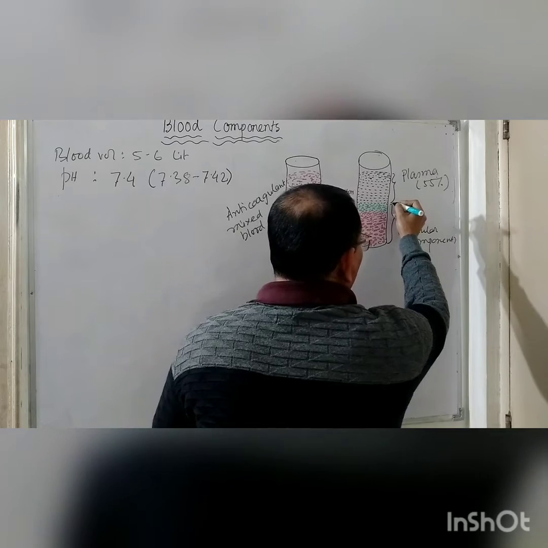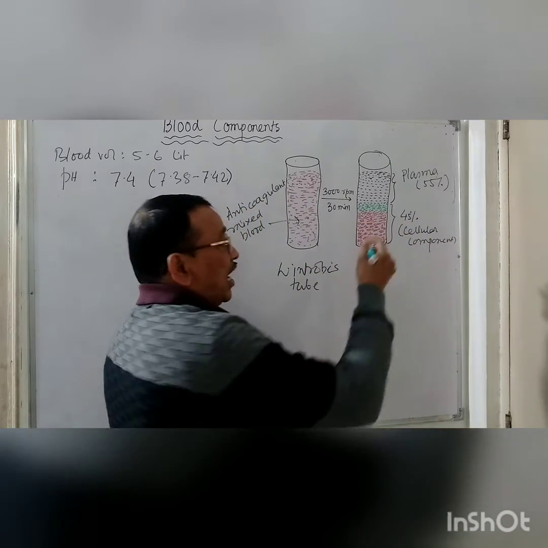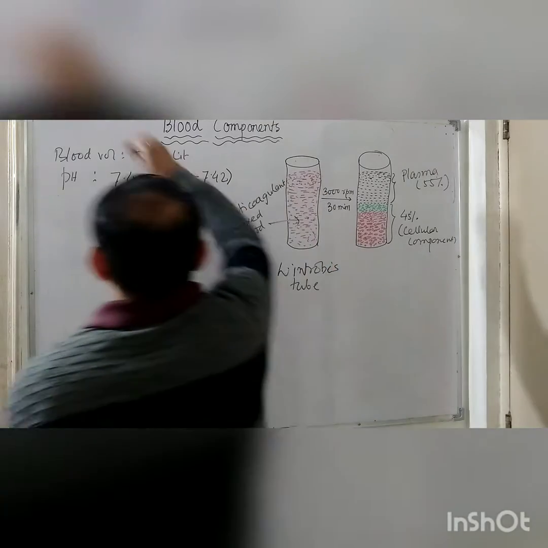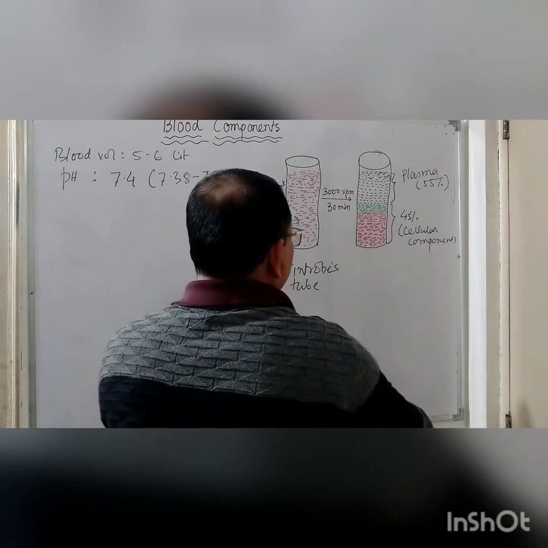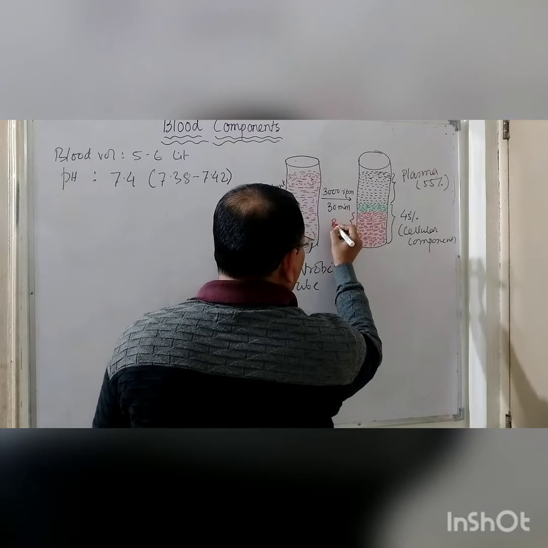Now within this 45% compartment, at the bottom part you see the RBCs are settled.